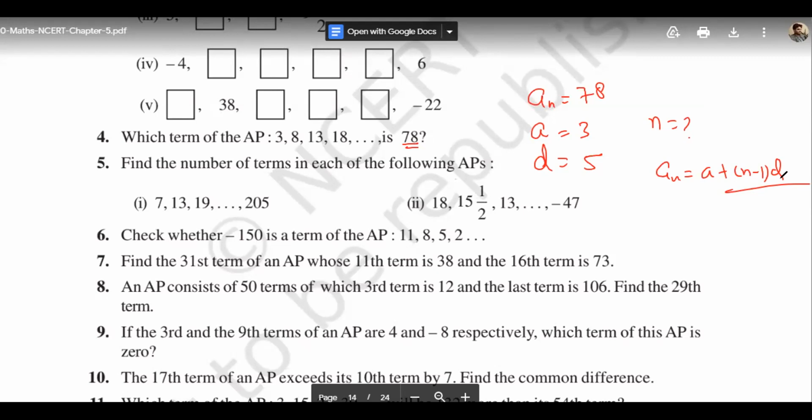Calculated? What is the value of n? It is simple.